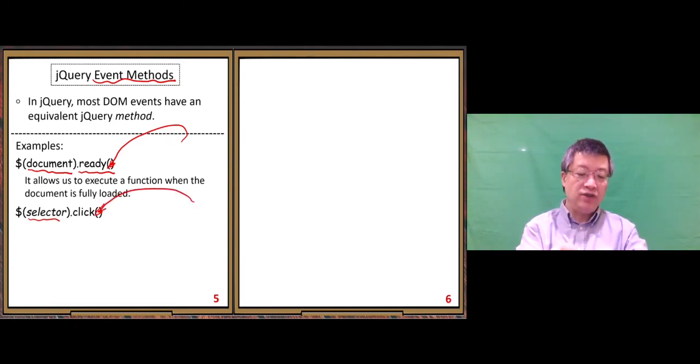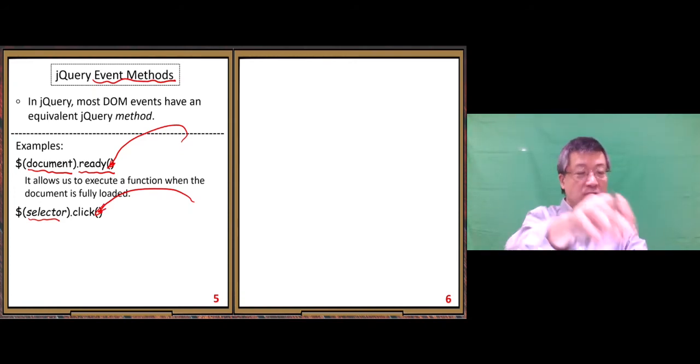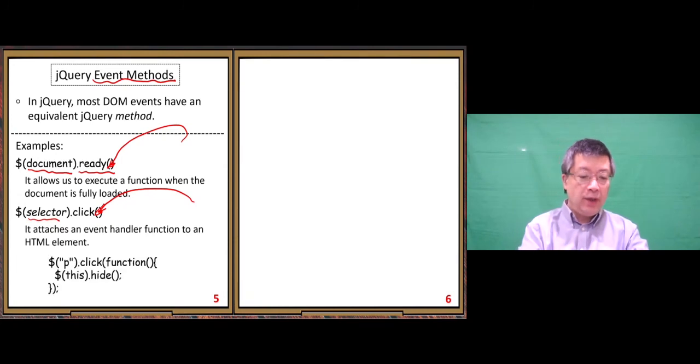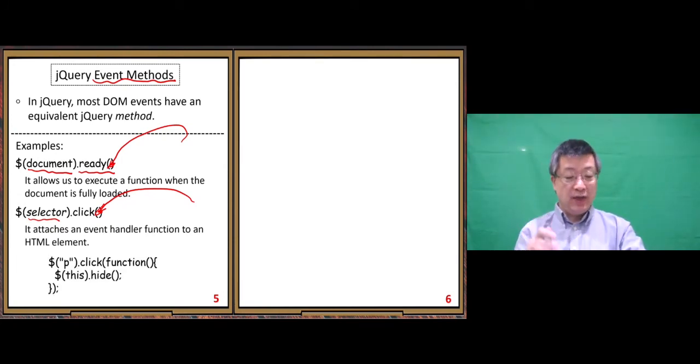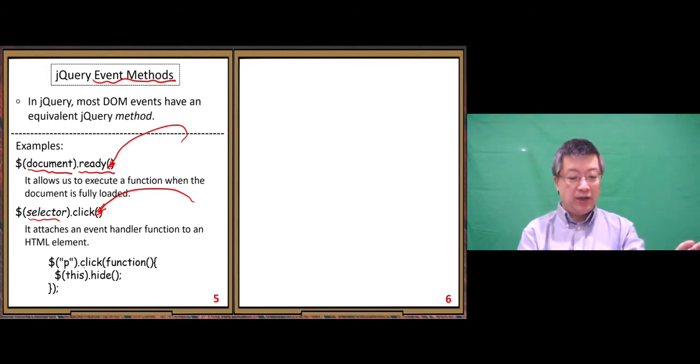You can pass a function to it. So we can see a simple example in this way. It attaches an event handler function to an HTML element. P element, dot click. Then we pass the definition of the function.